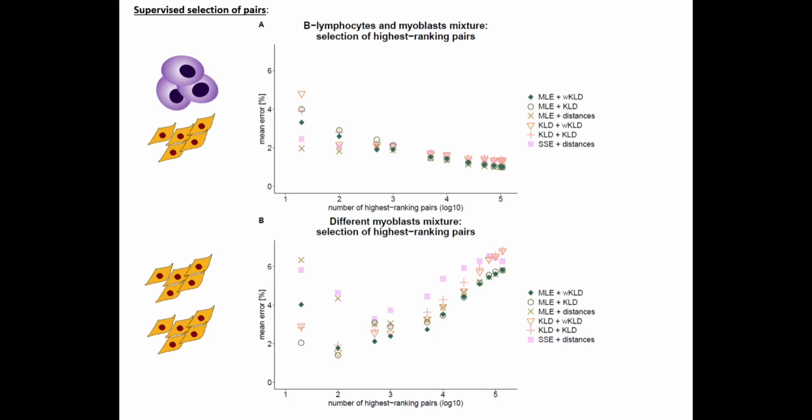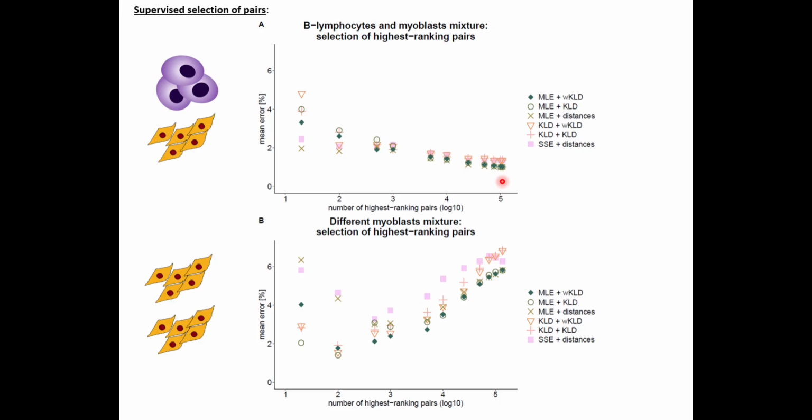These are the results after the selection of best pairs. The y-axis is the mean error over 11 different compositions, and the x-axis is the log 10 of the number of highest ranking pairs used. We can see here several combinations of the deconvolution method and ranking method. In the first mixture of two different cell types, we can see that the more pairs we add, the more accurate the deconvolution becomes.